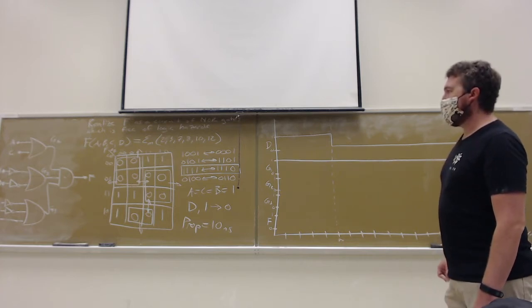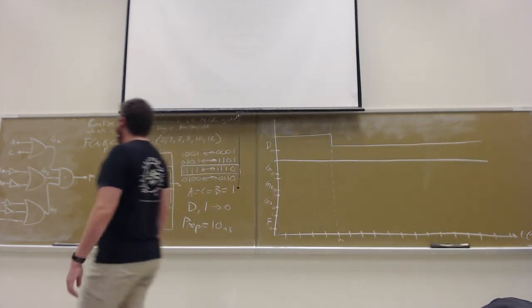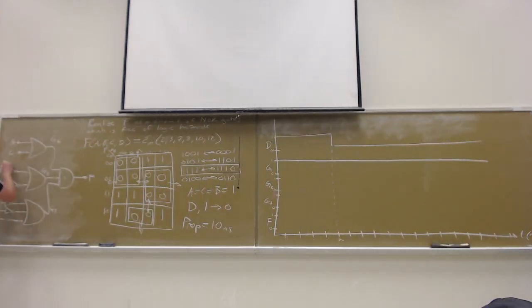Let's see. If A is 1, that means there's a 0 here, right? So there's a 1 there, which means there's a 0 there. Which means that initially G2 is at what? These guys are both at 1. That's 0. So G2 starts life at 0.